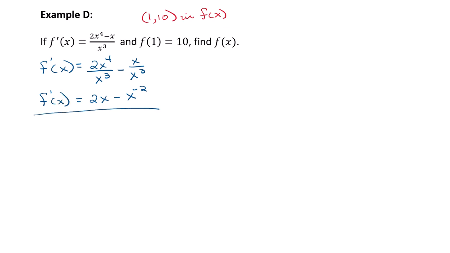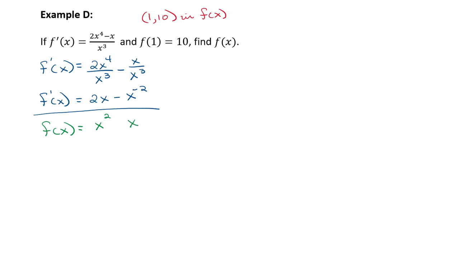So now we're going to find the antiderivative. It is important to use the right notation. Notice I kept it as f prime, so I know where it is when I start taking the derivative. So for this first function, we're going to add 1 to the exponent, divide by 2.